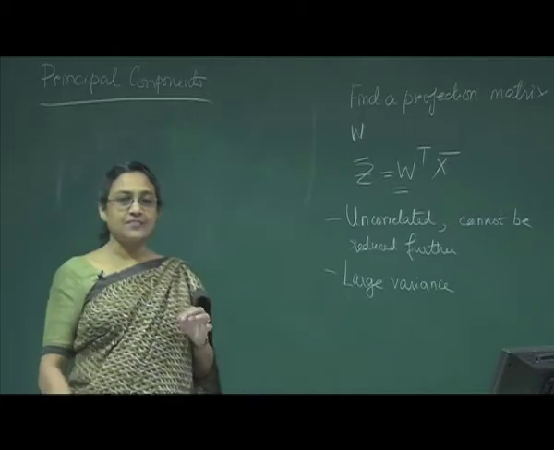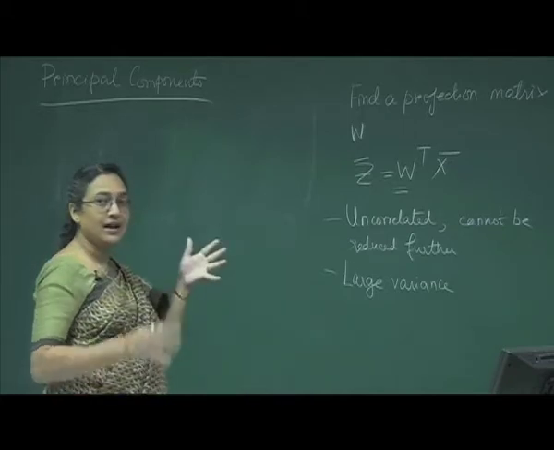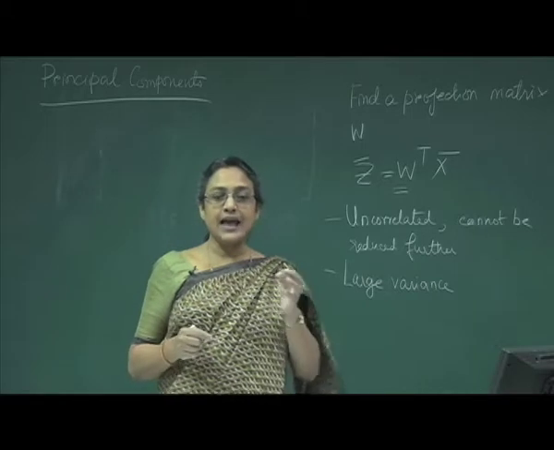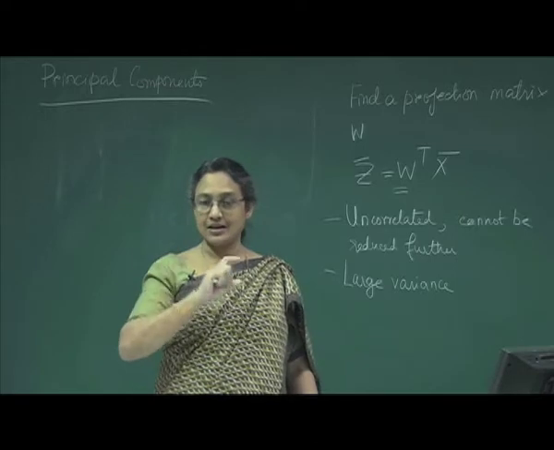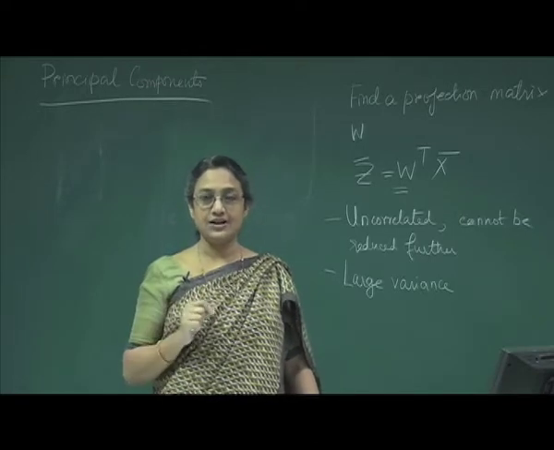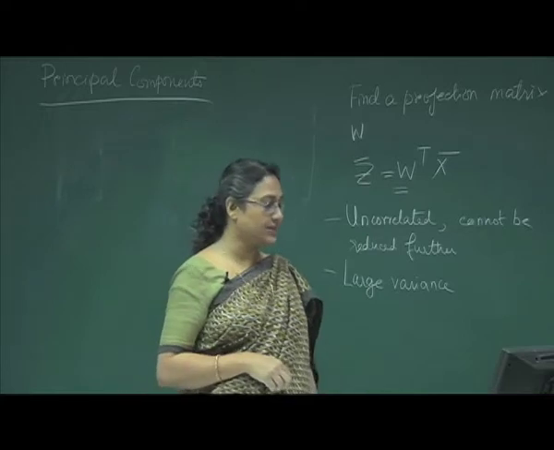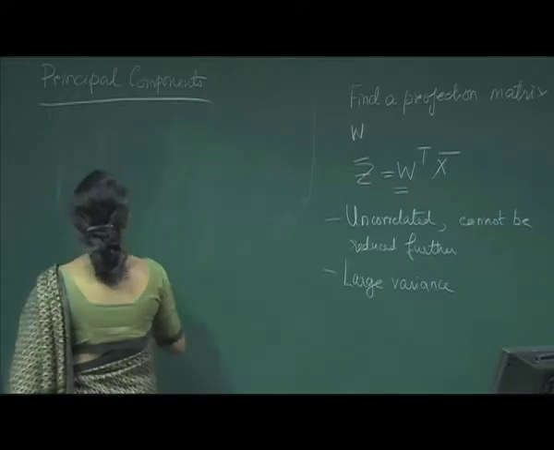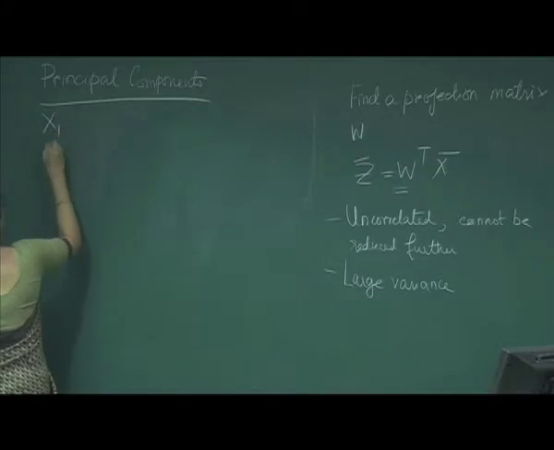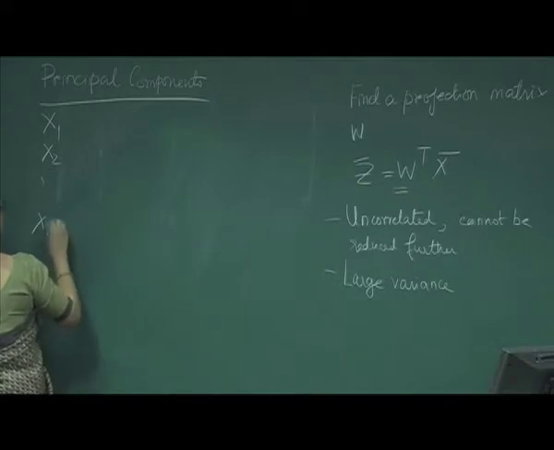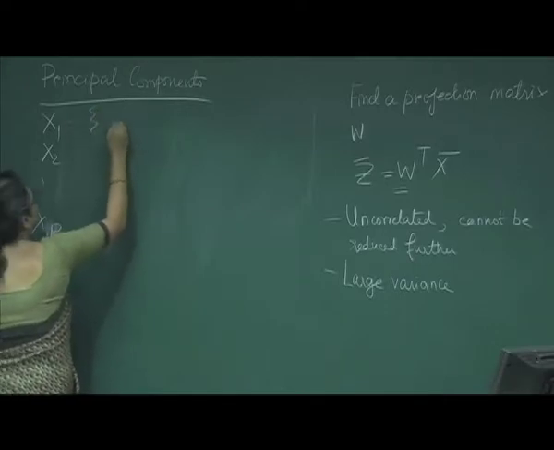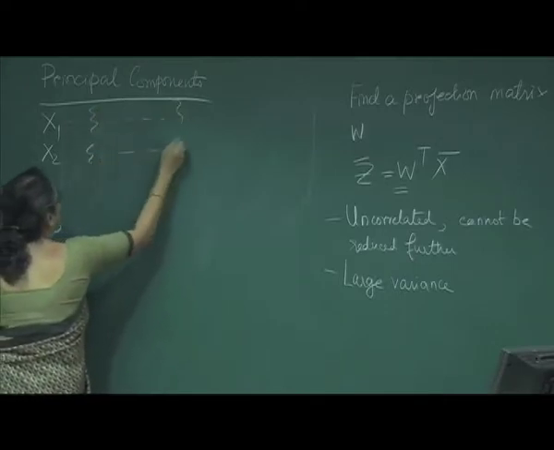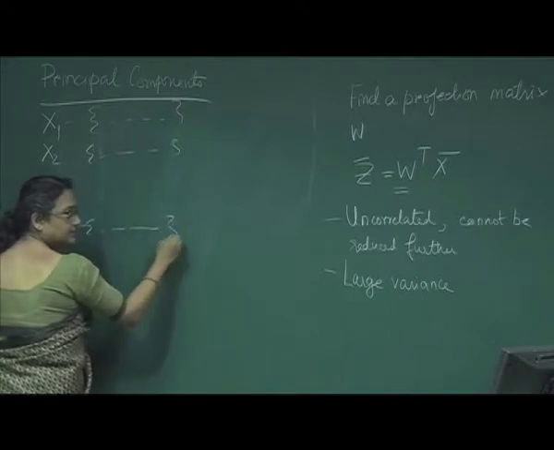So first let us see, given our instances in n-dimensional space, if we want to select one new feature, the first feature, how we should select it. We are given a sample of p observations x1, x2, ..., xp, and for each observation we have an n-dimensional vector representing the n features.